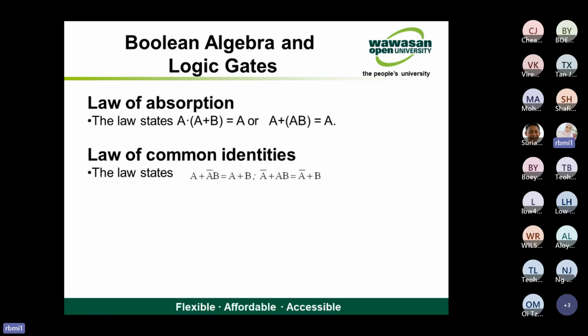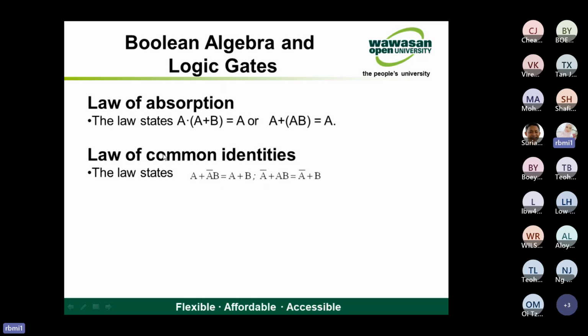So we can write the law of absorption as A plus AB. Next is the law of common identities. We have A plus A B bar equals A plus B, or A bar plus AB equals A bar plus B. These two statements are based on the complementary law.